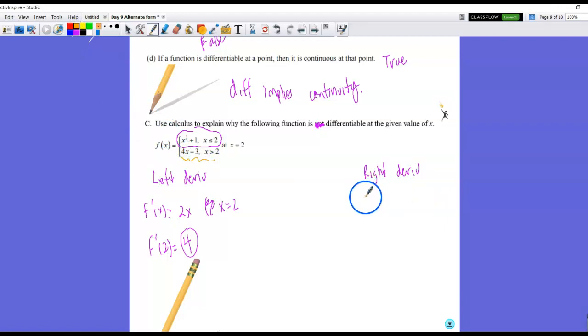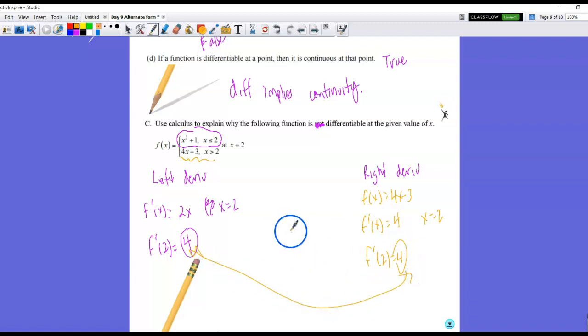The derivative is 4. And if we evaluate that at x equal to 2, and it doesn't matter what we're evaluating it at, we get the derivative to be 4, so f prime of 2 is 4. So we have left derivative agreeing with right derivative, so this function is differentiable at x equal to 2.